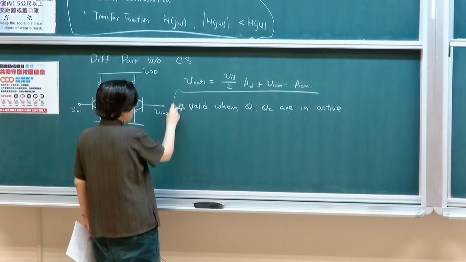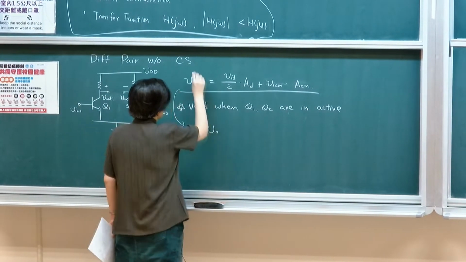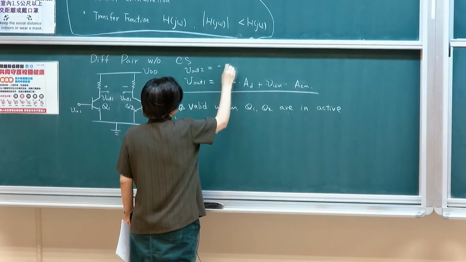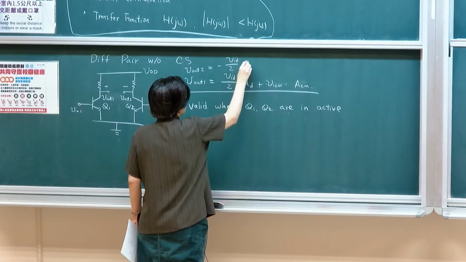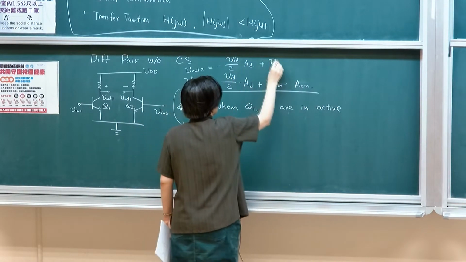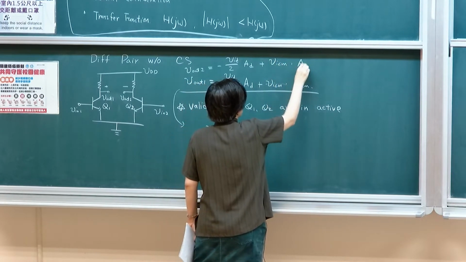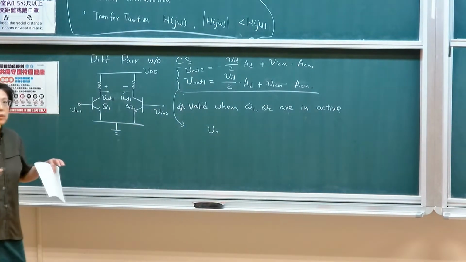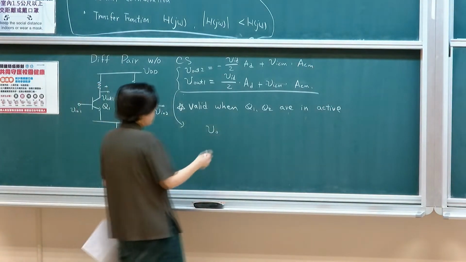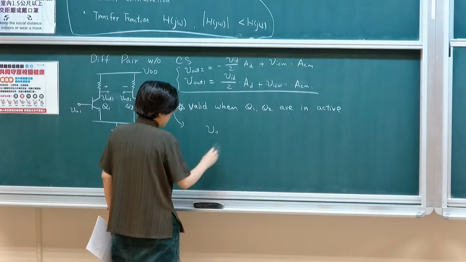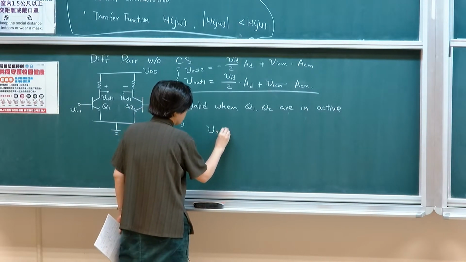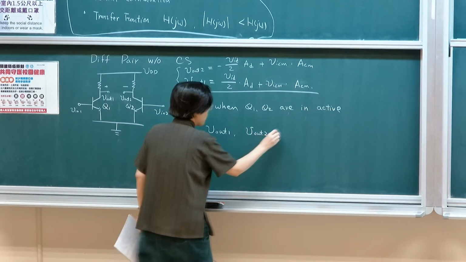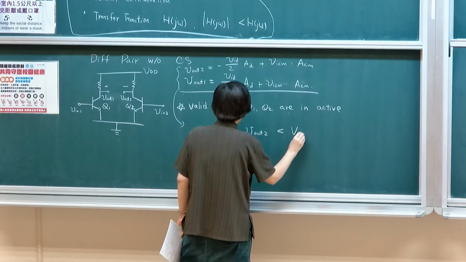This means that your output VL1, you can also write VL2 just to be clear, is minus the differential signal plus the average. This is only valid when both transistors do not hit the boundary, meaning that VL1 or VL2 must both be within the operation range, lower than VCC.